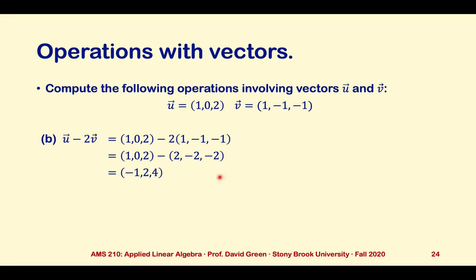Multiply all of those terms, 2, -2, -2. We then subtract that vector from the first, from u, and do that element by element. 1 minus 2 is -1, 0 minus -2, so 0 plus 2 is 2, 2 minus -2 is 4 for our final answer. Quite straightforward.